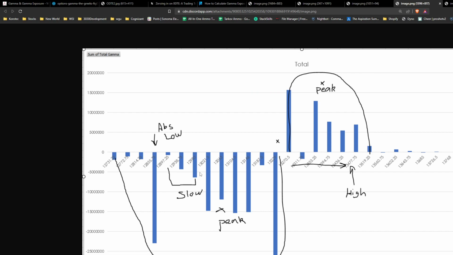So had we looked at a positive gamma type of day, right? What we could expect out of a positive gamma type of day is that we push past 13,311. We push into the 353. Hopefully we break it, right?